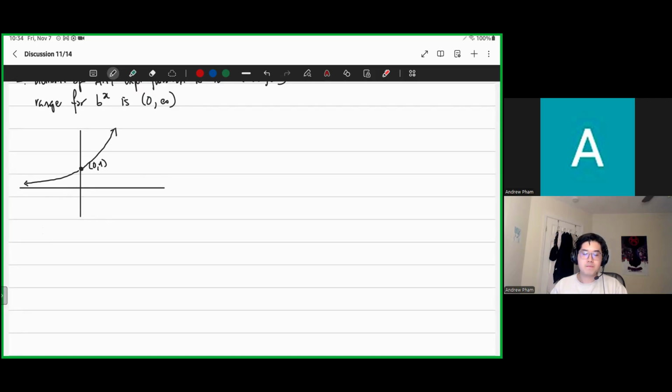In this case, my HA is, of course, this dashed red line at y is equal to 0. And that's going to be very important, right? Exponential functions can never return a negative value, the exponential terms. Yes, if you shift the function down below the x-axis, there are cases where the function is negative, but the exponential term in the function will never be negative.